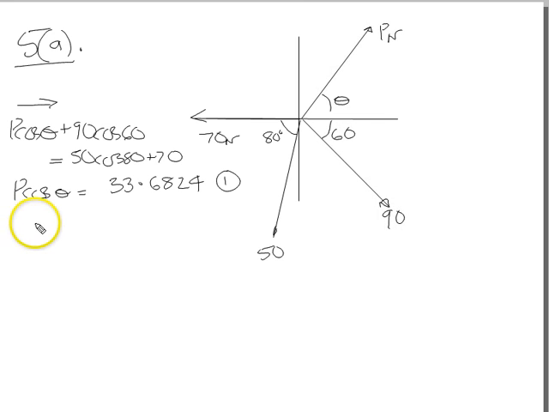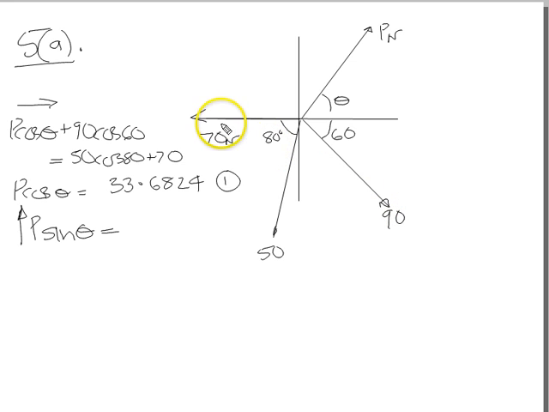Now let's resolve vertically then, in the vertical direction. So this vertical component would be P sine theta, because it's P newtons, isn't it? That vertical component, when resolving in that direction, would be P sine theta.